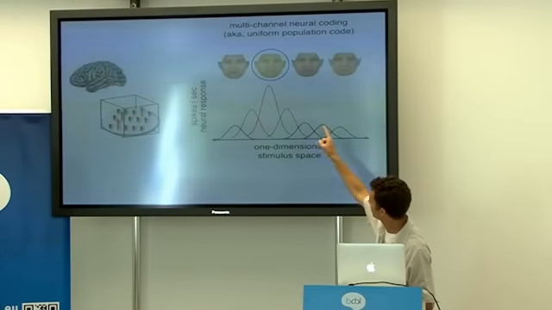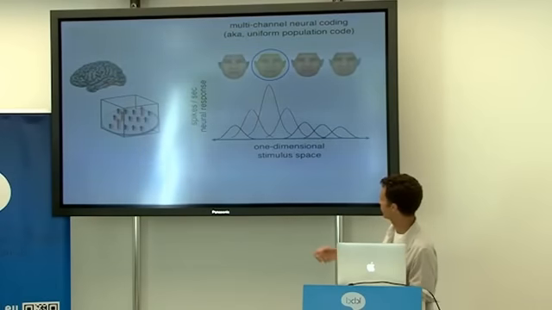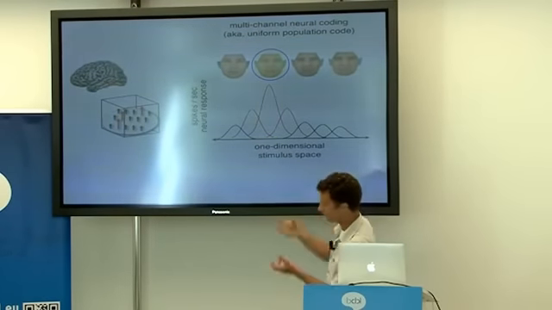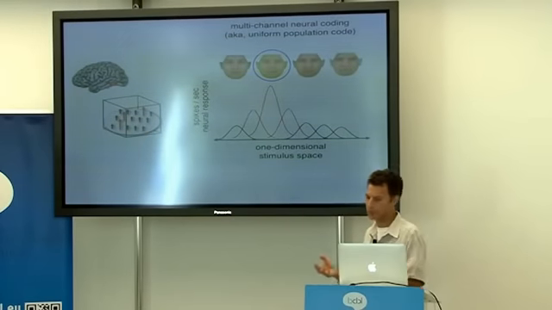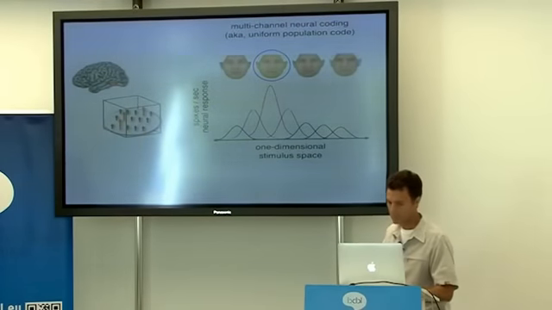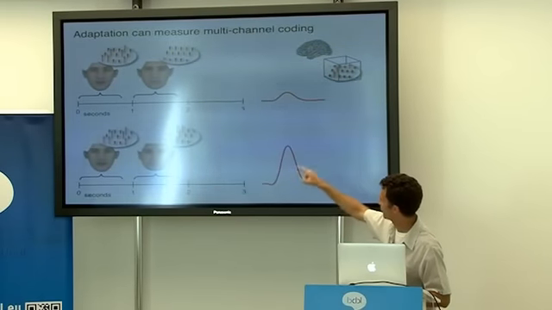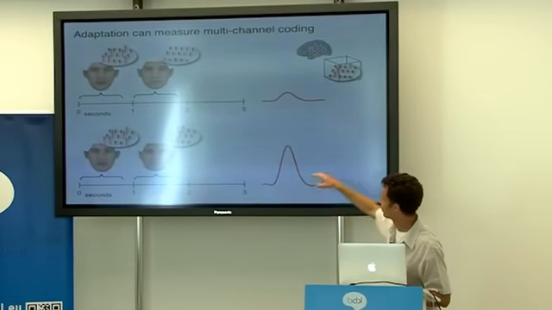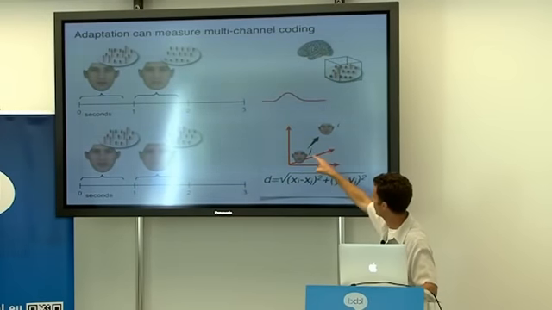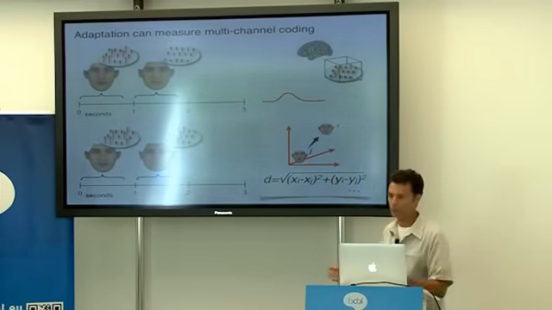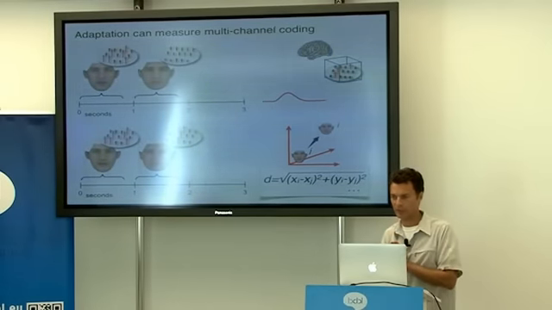If you present one particular face, the response is maximal for one neuron, and some other neurons respond a little bit because the face is close to their receptive fields. Adaptation can be used to measure this: it measures how dissimilar 2 faces are within this multidimensional population code representation of faces.